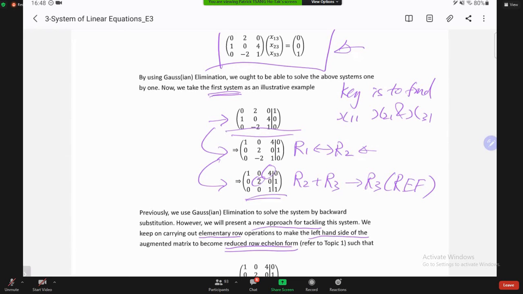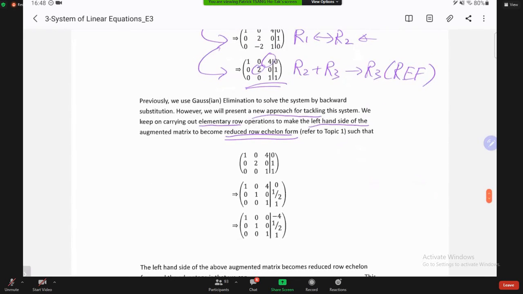Because if we can further transform the augmented matrix into RREF, you can check that. But before that, let me tell you how to arrive at the RREF, as a review or recap.